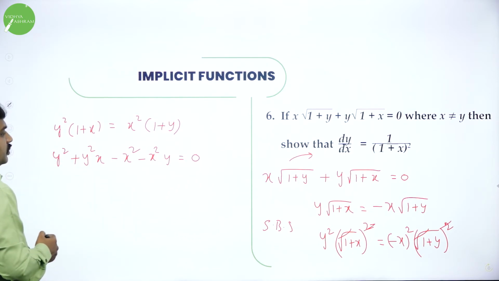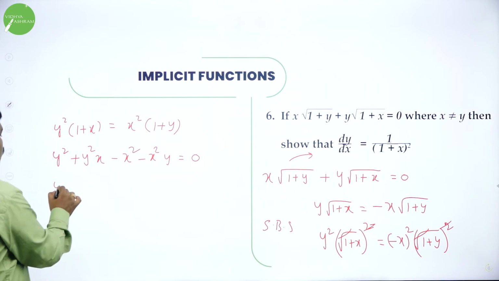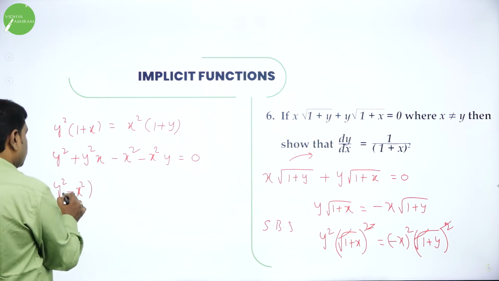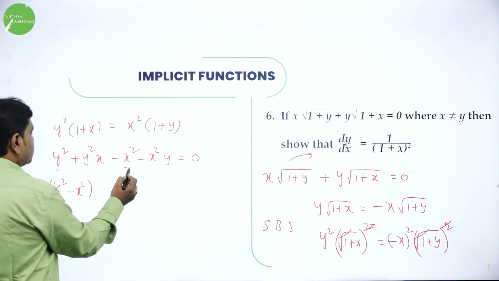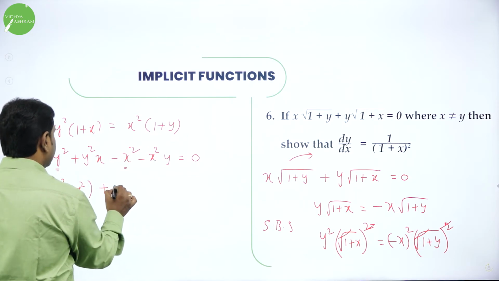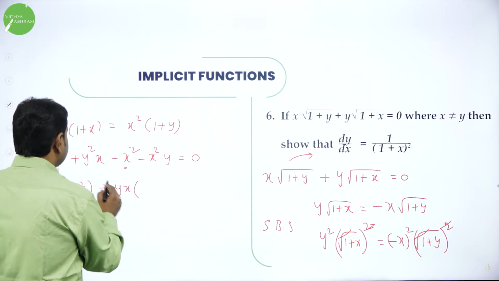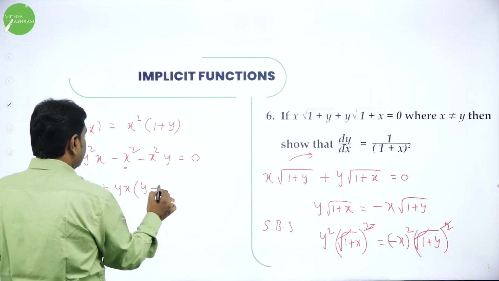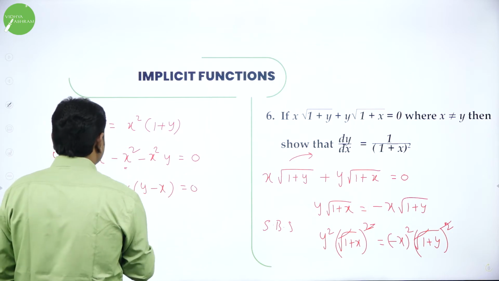Now carefully if you observe, I can group y square minus x square separately. Y square minus x square, plus in y square x and x square y, in these two I will take yx common. If I take yx common, I will be left with y minus x is equal to 0.